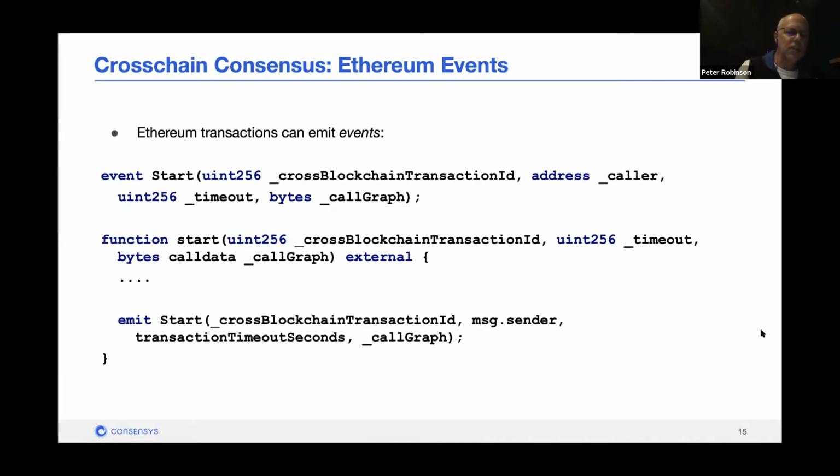And you've got a function, which is just some normal Solidity function, and it calls that event in the middle of the function. What that means is that if you call the start function, it'll emit that event. The parameters that are emitted in that event are going to be based on what the code says. And so that means you can programmatically generate information.